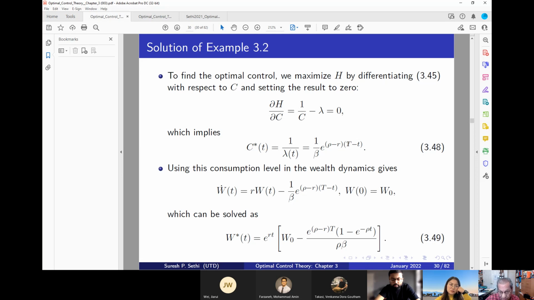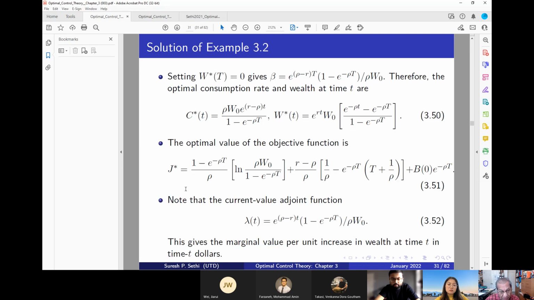So what we do is we put this consumption in the state equation. We solve for W. When we solve for W, we have a wealth W star T, which is also a function of beta, because for any beta, that solution gives you this. So now we can set small t equal to capital T. When we put capital T, then W star T, we want it to be 0.